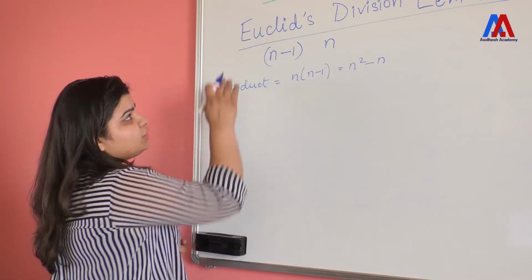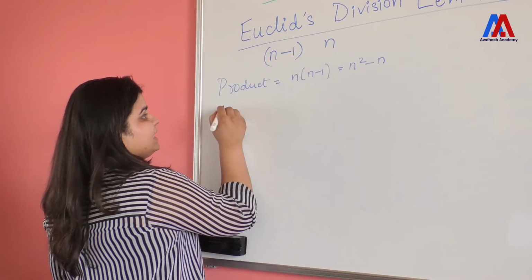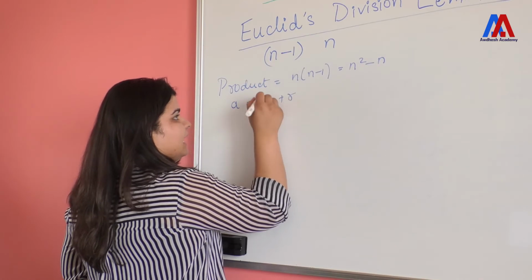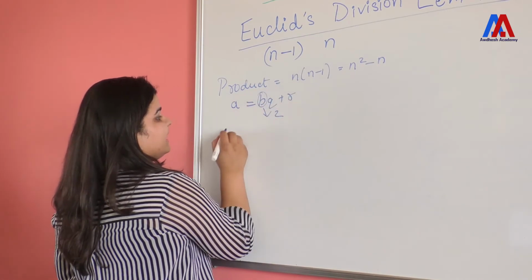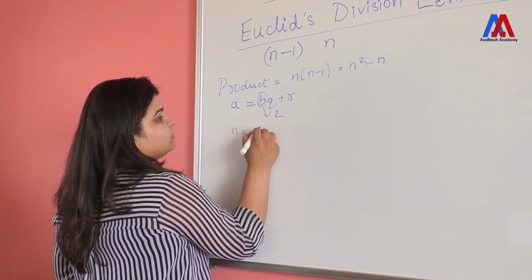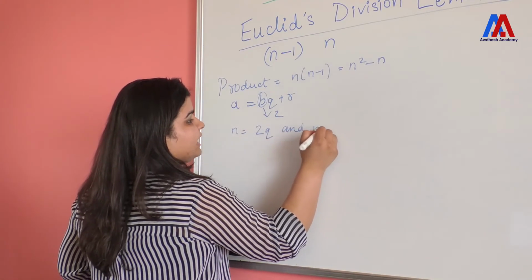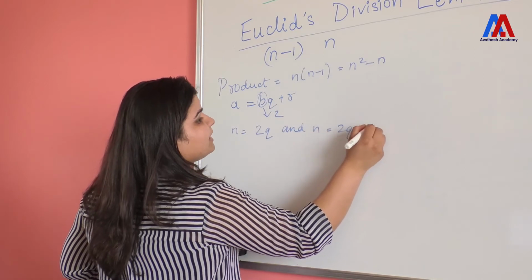By applying Euclid's division lemma and taking b in a equals bq plus r as 2, we get n is equal to 2q and n is equal to 2q plus 1.